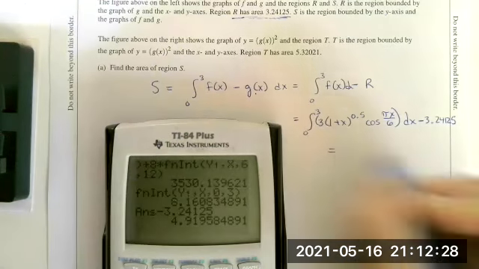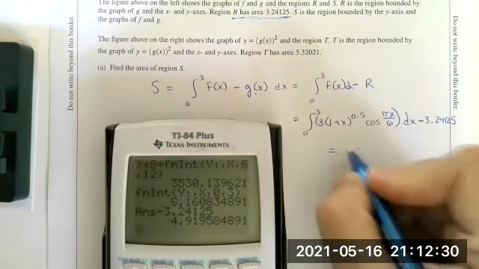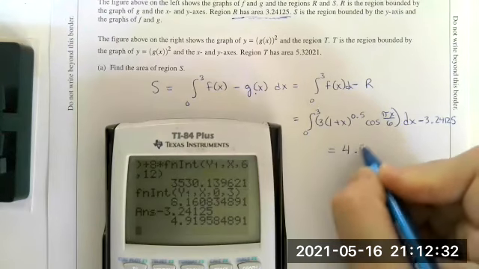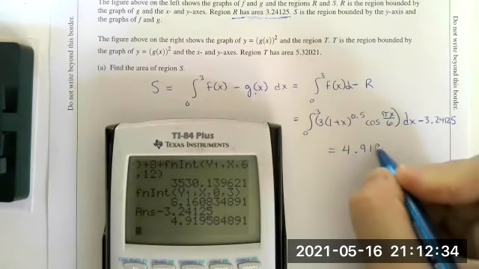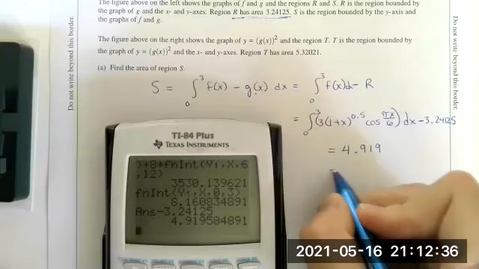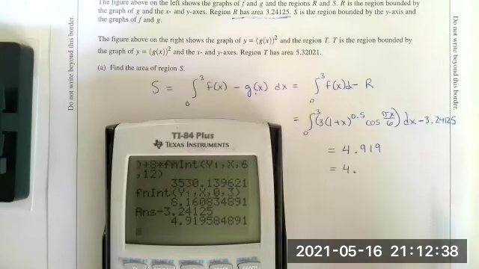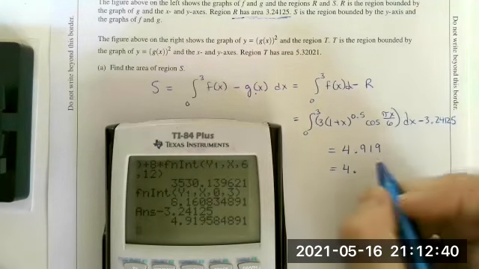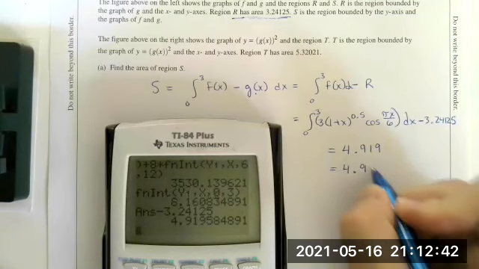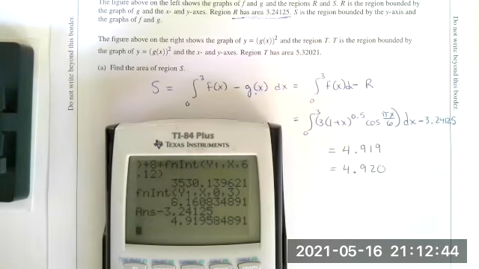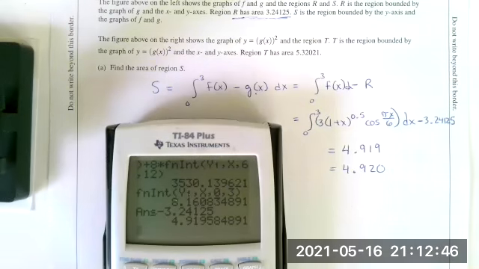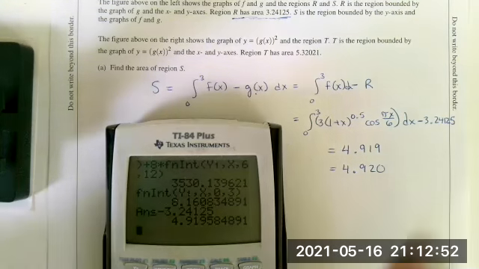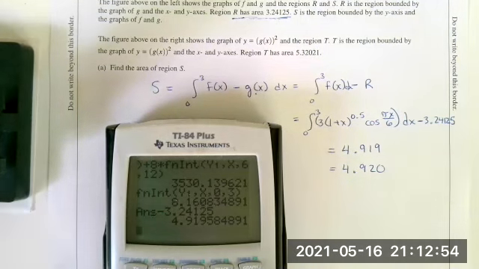So the answer for the area of S is 4.919 if you cut it off, or if you round it, 4.920. Again, in calculus, you must give answers to 3 numbers after the decimal, either rounded or cut off.